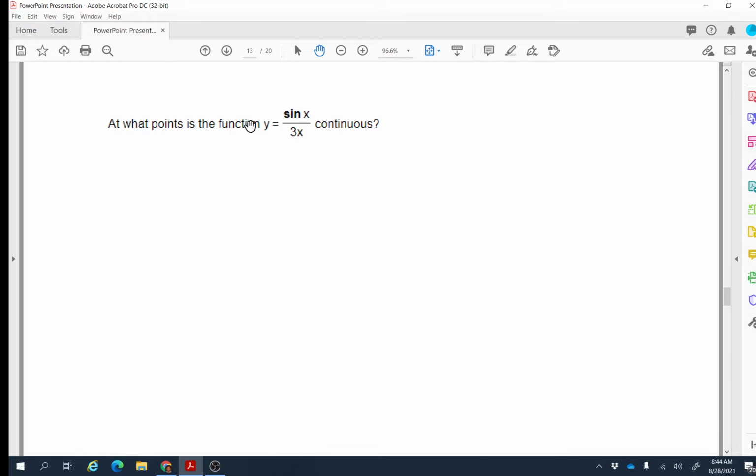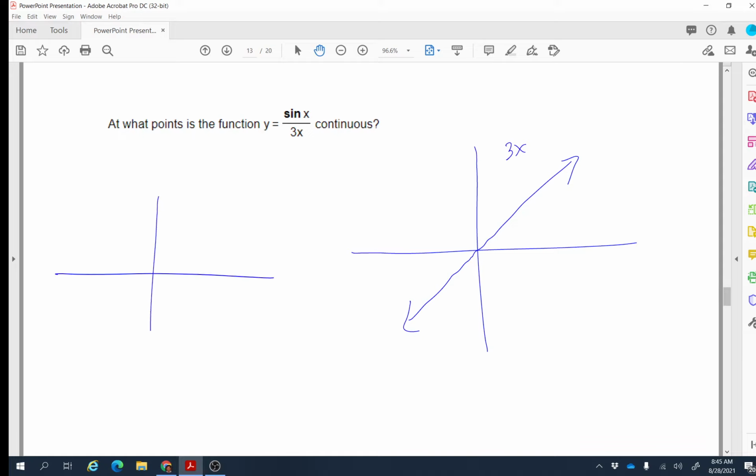At what points is this function continuous? As we know from the previous problem, sine x is continuous everywhere. This 3x, which is a linear function, is also continuous everywhere. But in this case, we have to be careful. This is 3x, and the sine x function is this.